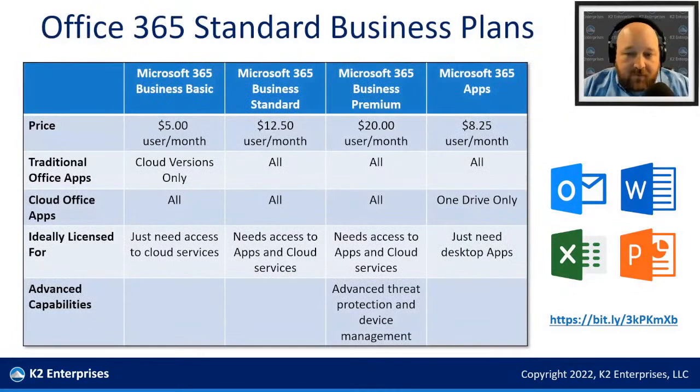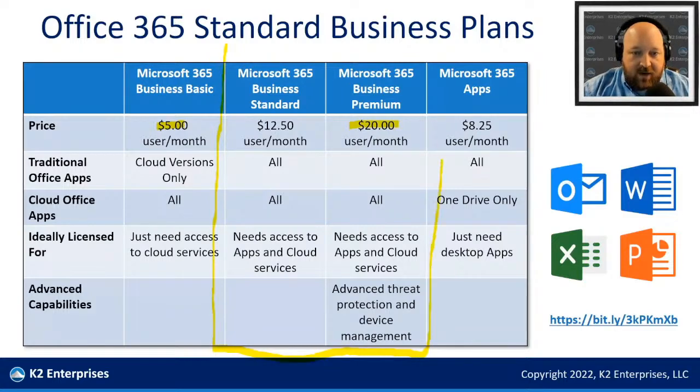Now, most of you for your companies are going to want a business standard plan. Okay. And there's also enterprise, which we'll talk about here in a moment. Now, the standard plans run from their business basic at $5 per month, and they also go up to their business premium at $20 per user per month. And I would really tell you these two plans right here, the standard and business premium, are probably the ones that you're going to want to consider.